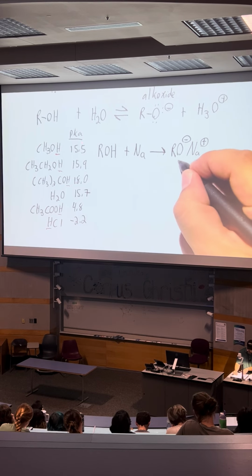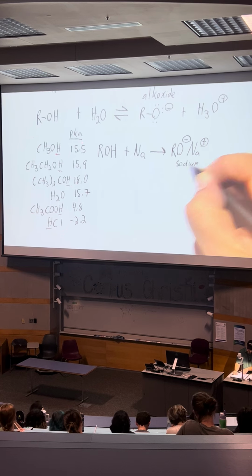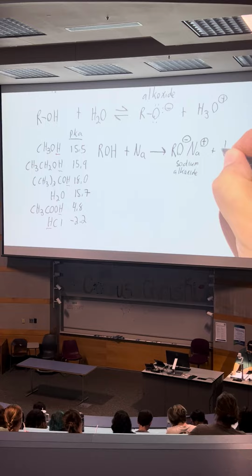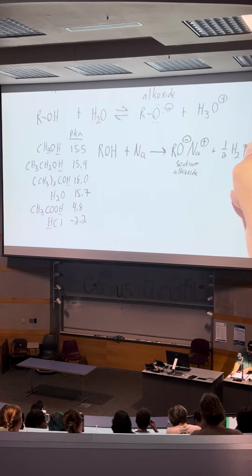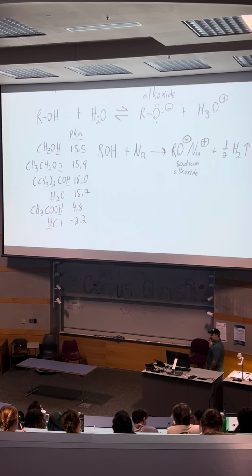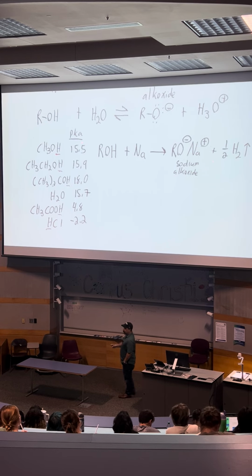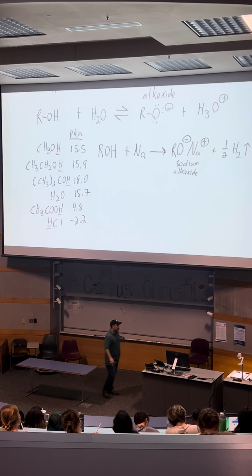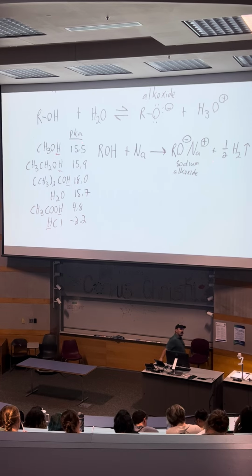This is known as sodium alkoxide. And in the process, this will liberate half a molar equivalent of hydrogen gas. And this sodium alkoxide is something that we're going to see later as a really, really basic reagent.